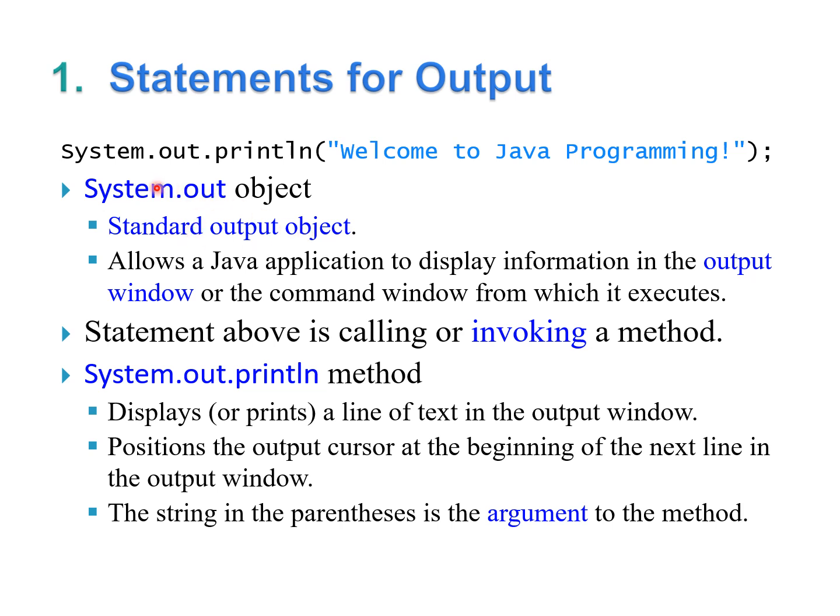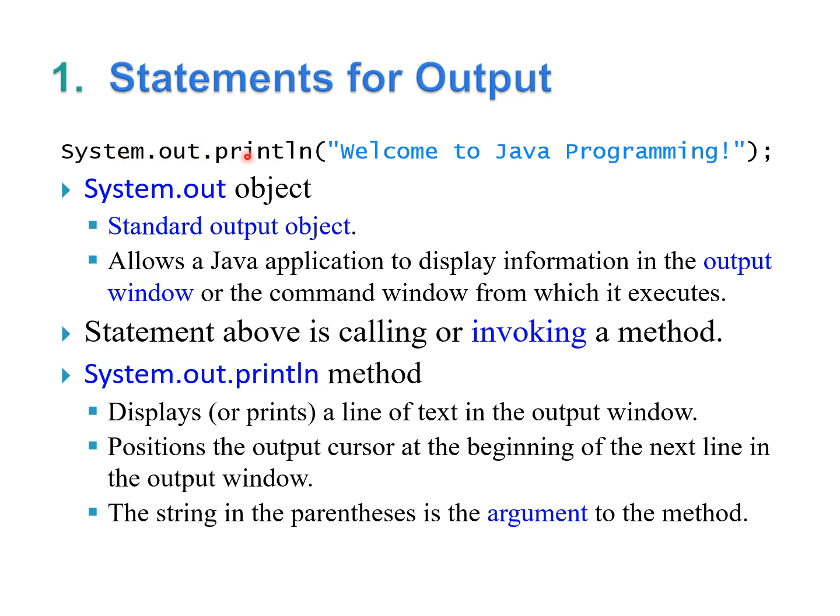This object allows a Java application to display information in the output window, which can be the same as the command window where the application executes. This statement is calling or invoking a method. In particular, when you write System.out.println followed by a parenthesis, then you invoke the println method of the System.out object.